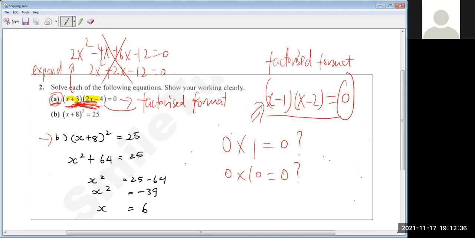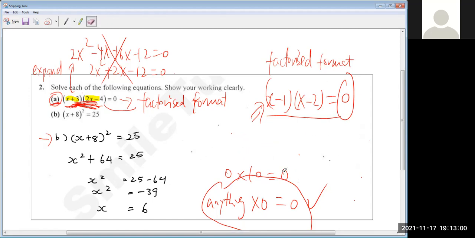Okay. So anything times 0 is 0. That's how you get 0, right? So with this concept, then you can start to solve this question.